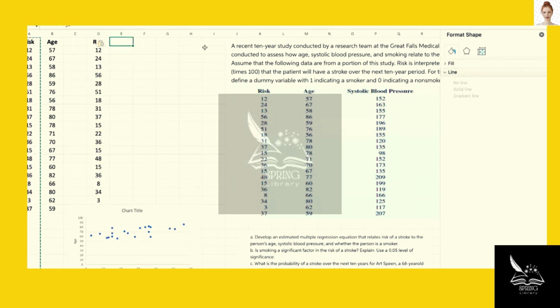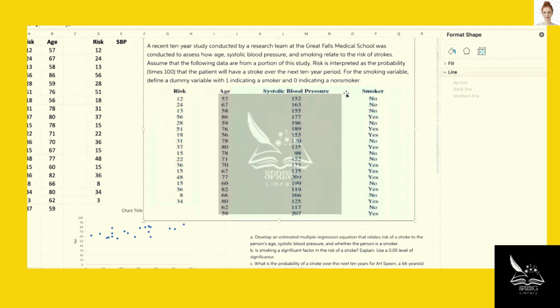And for the next table, I'm going to do the blood pressure. I'll call it SBP. And I'm just going to bring this over.